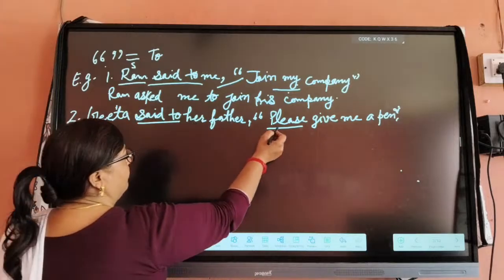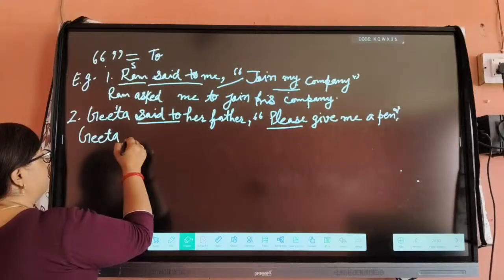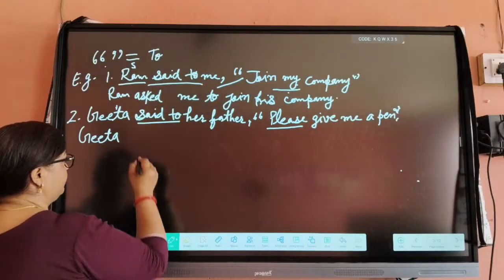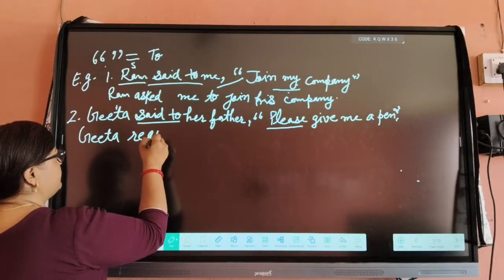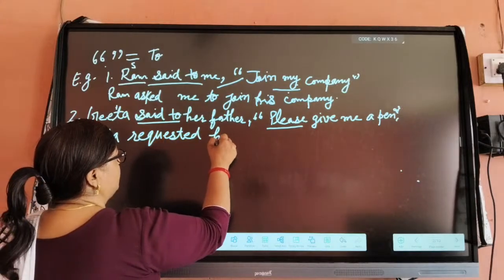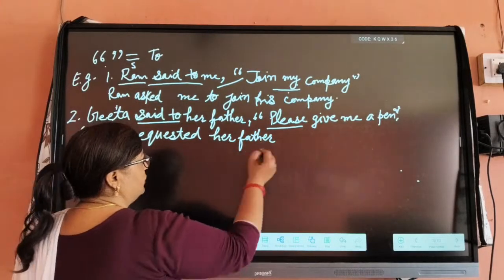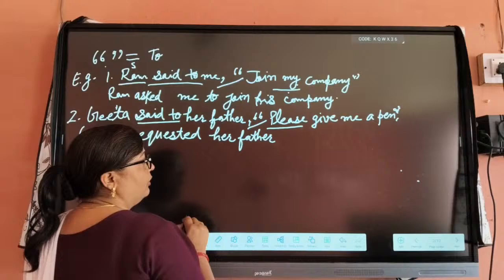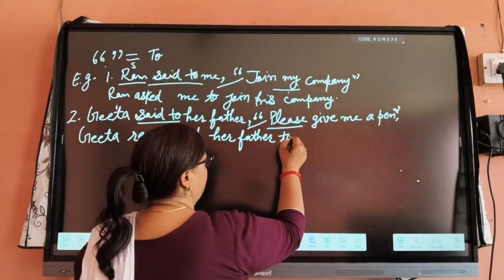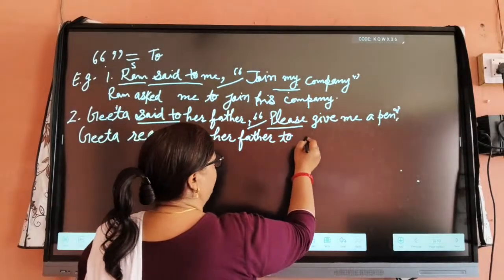Because here we have the word please, that's why we have to change said to into requested. Now in place of inverted comma, we will use to. Geeta requested her father to give.